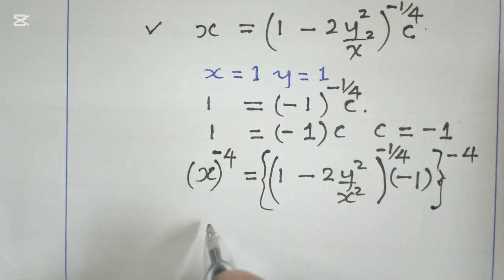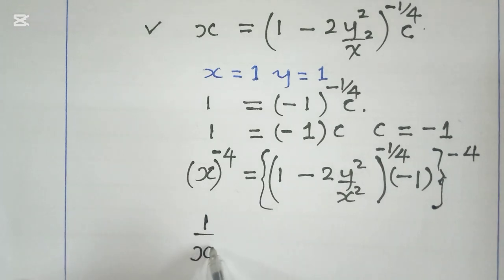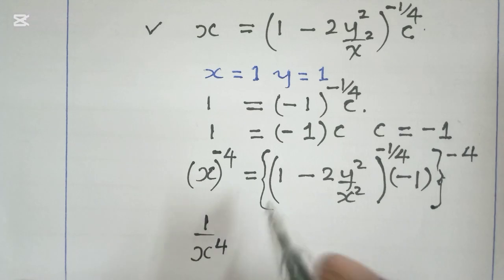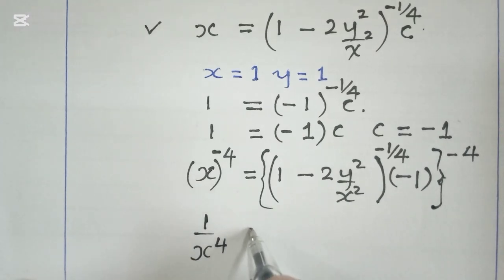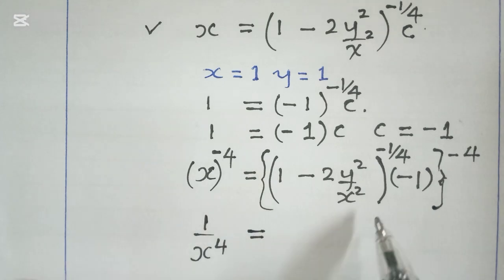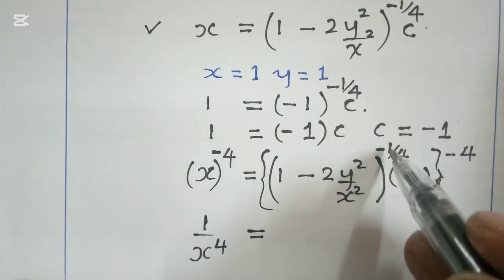When we do that, this is what we are going to find. This we can put as 1 all over x raised to 4, because when you put it down, by the law of indices, it is actually x raised to 4. And this one is going to finish, this negative 4 and 1 all over negative 4.